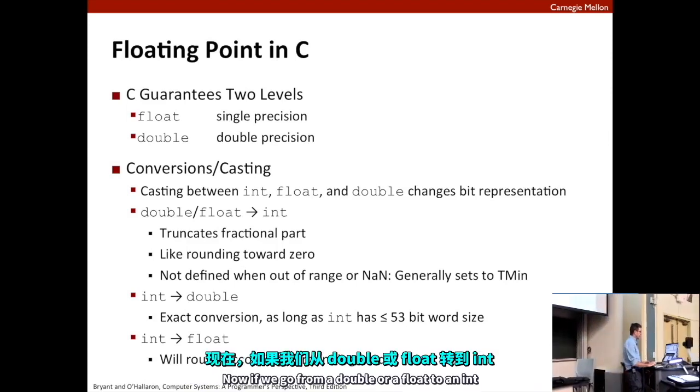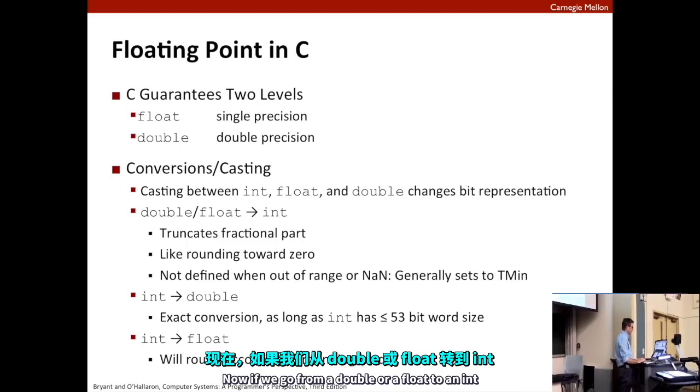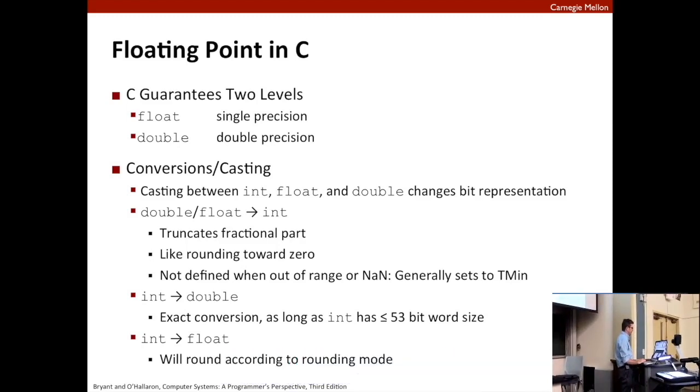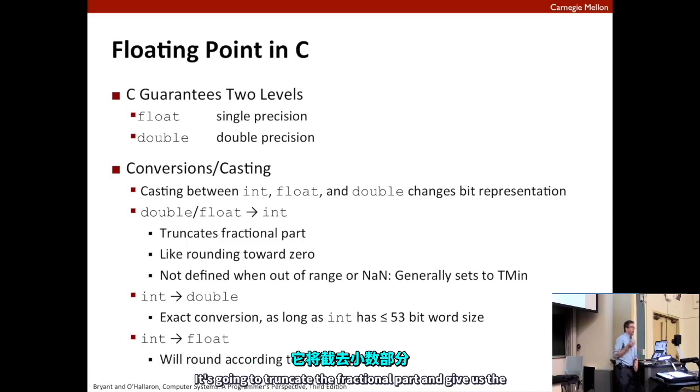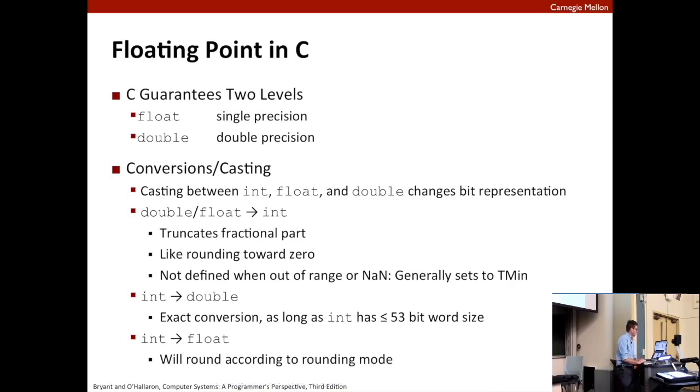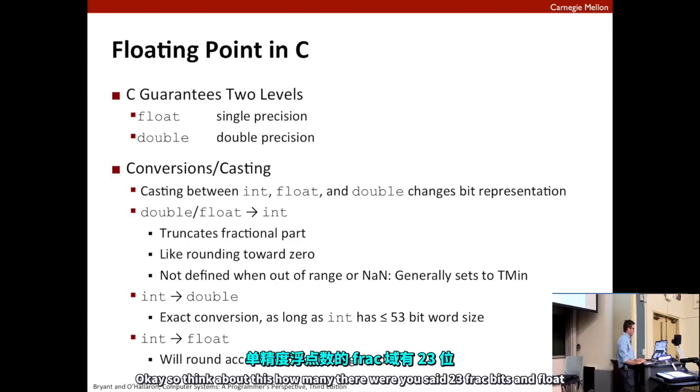Now, if we go from a double or a float to an int, it's going to truncate the fractional part and give us the integer part, and then round to fit. Think about this.